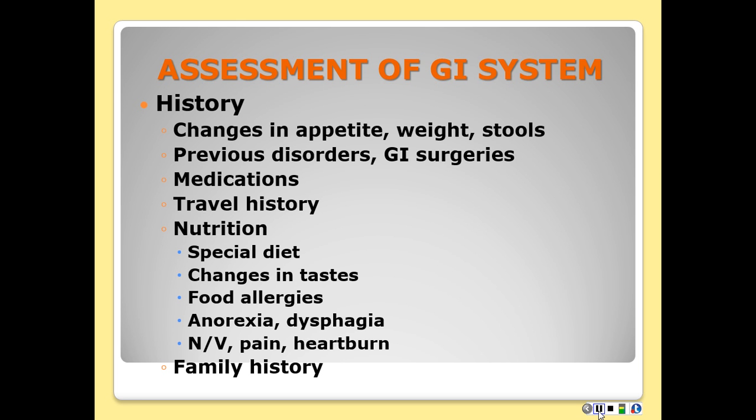When we're talking about medications, we're really interested in not only their prescribed medications, but also their over-the-counters and any supplements they're taking. Is your patient taking any aspirin or any blood thinners? NSAIDs, always making them prone to bleeding. Is your patient currently taking laxatives or enemas?